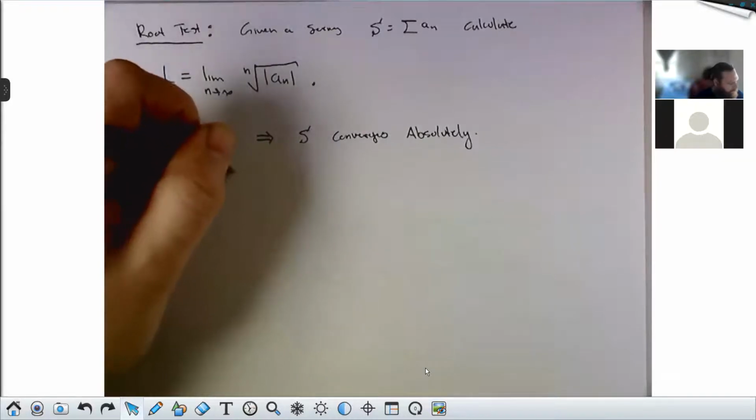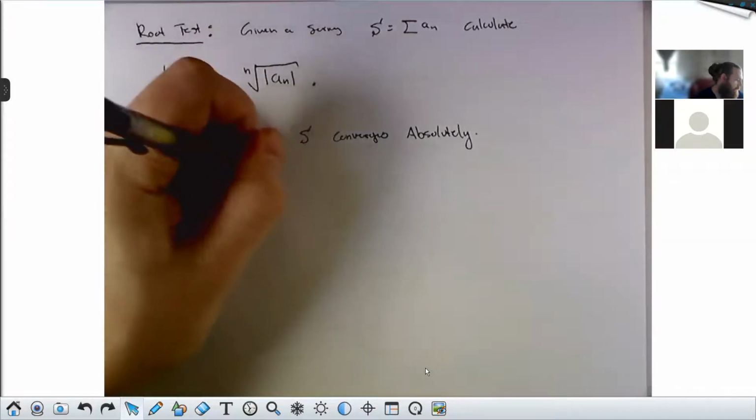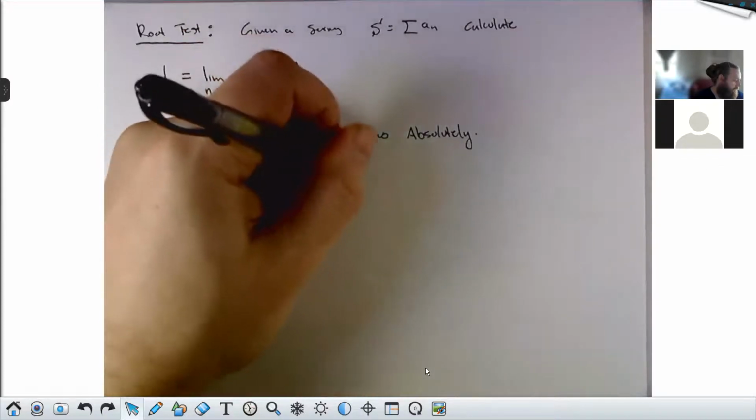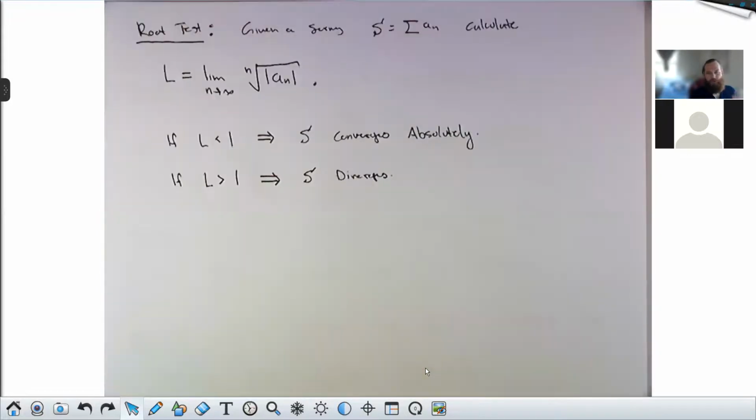If L is bigger than 1, then the series S diverges. And there is no qualifier for diverges, right? You don't say diverges conditionally or diverges absolutely. It's just converges absolutely, converges conditionally, diverges.